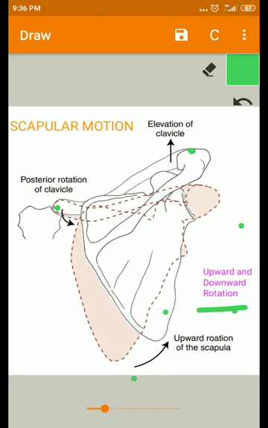It is always associated with movements at the acromioclavicular joint and the sternoclavicular joint. So we can't see isolated movements of the scapular motions.